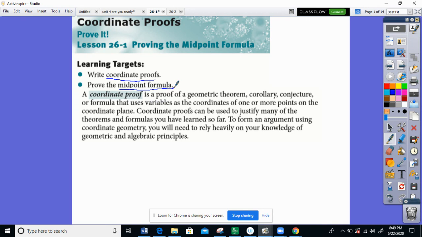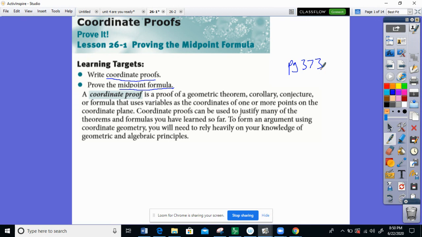So there's a little blurb here for us to read through at the beginning of Activity 26. This is on page 373 if you're following along with your Unit 4 PDF. A coordinate proof is a proof of a geometric theorem, corollary, conjecture, or formula that uses variables as the coordinates of one or more points on the coordinate plane.